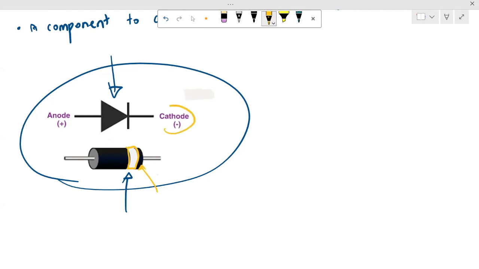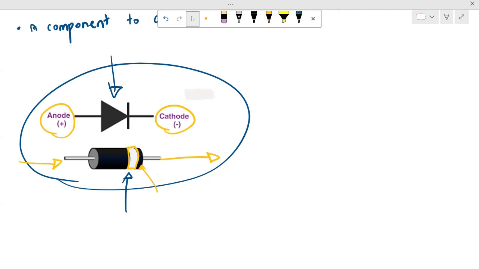That is known as the cathode terminal. That is where the current exits the diode. Whereas the anode is the entering terminal. That is where the current enters the diode.